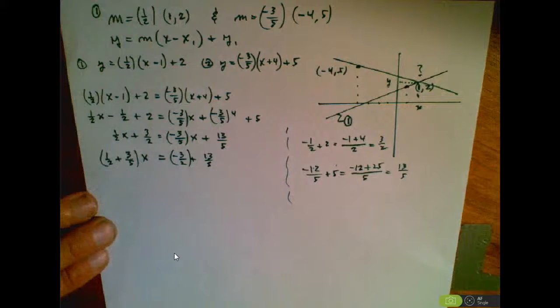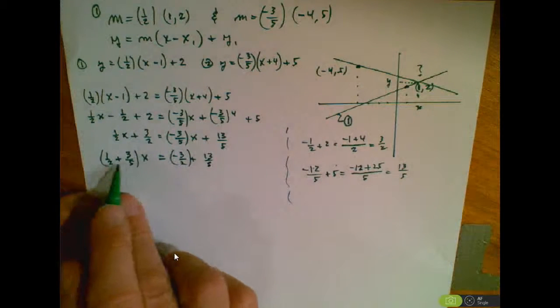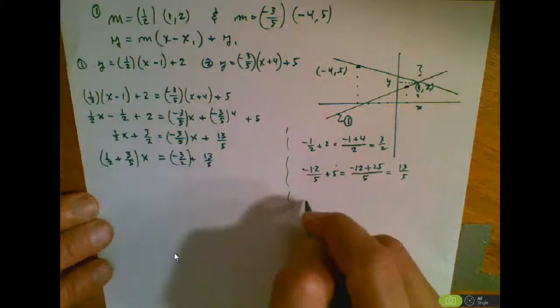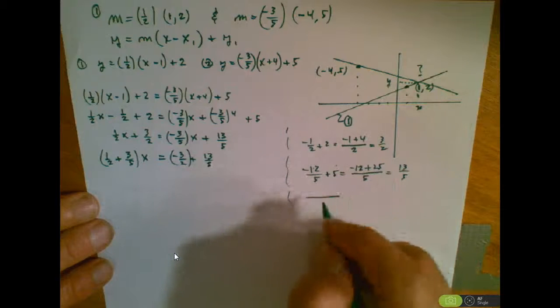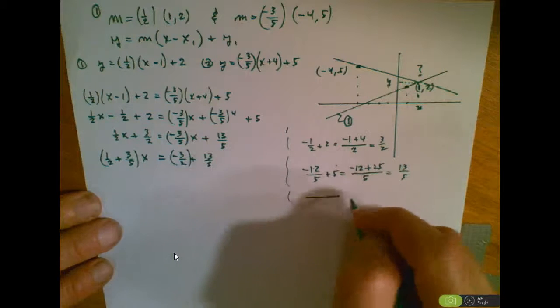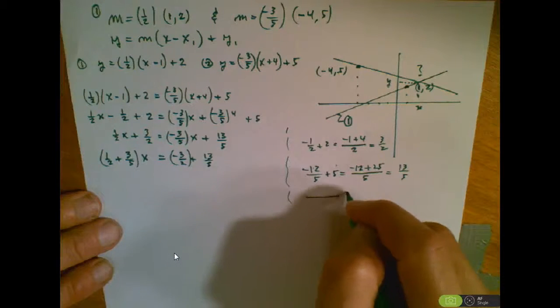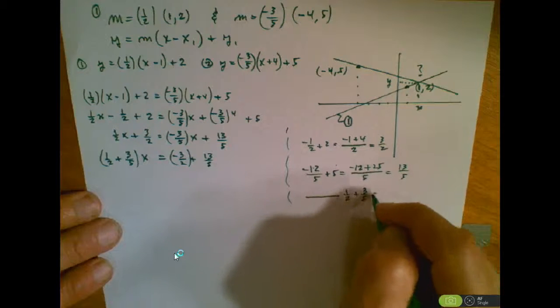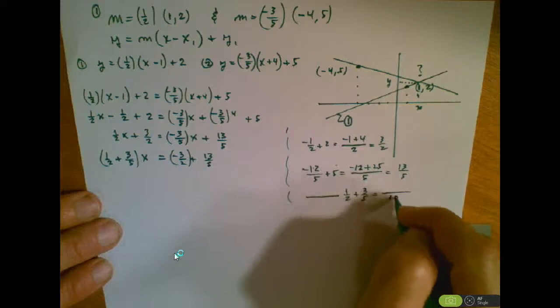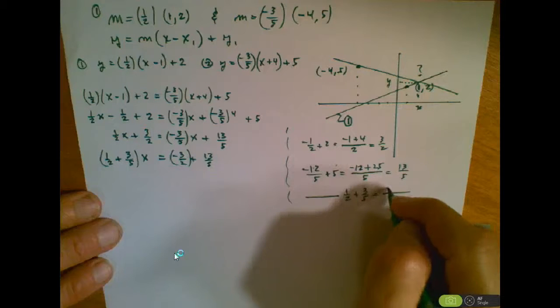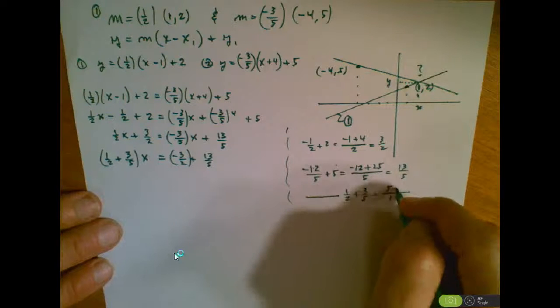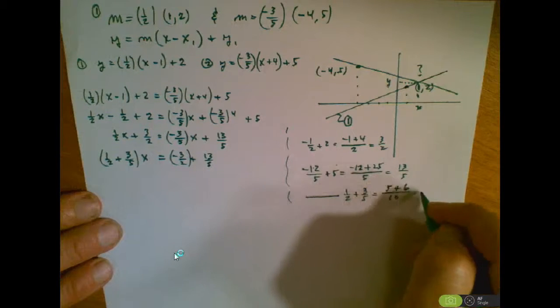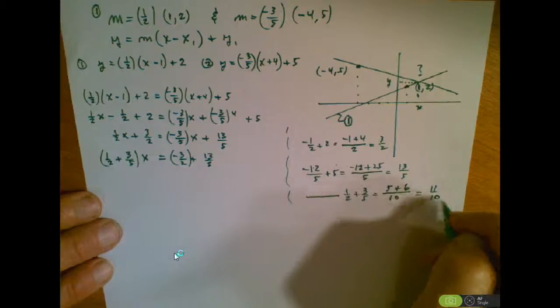Okay, so let's go ahead and add 1/2 plus 3/5 in the work zone. Let's not skip a step. Let's do 1/2 plus 3/5, and our common denominator will be 10. 1/2 is 5/10, and 3/5 is 6/10. So that's 11/10.